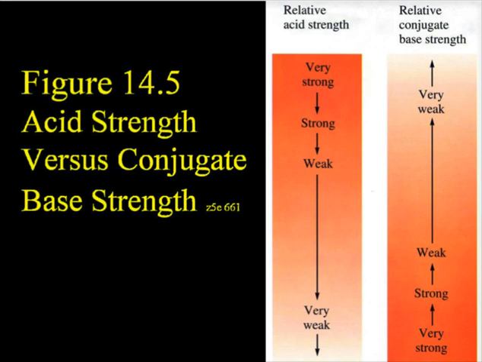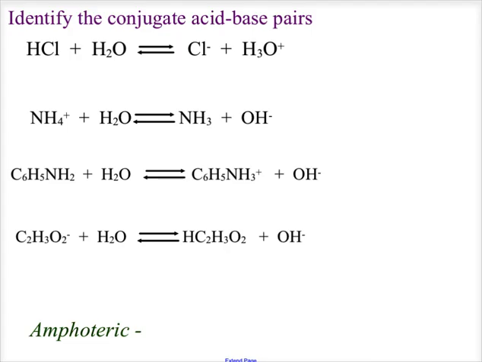So the chloride ion is a relatively weak base. If an acid is very strong, like HCl, its conjugate, chloride ion, is a very weak base. That means it is not able to readily accept a proton and form HCl. Being strong, it wants to completely dissociate and is present as the chloride ion and the hydrogen ion.